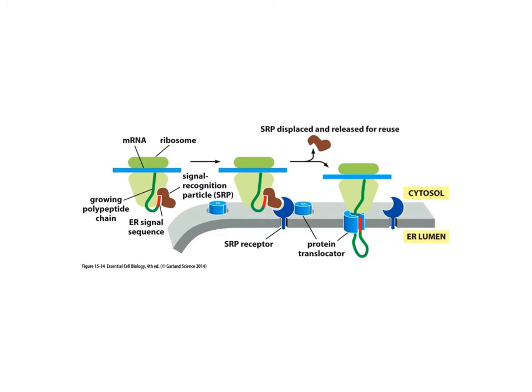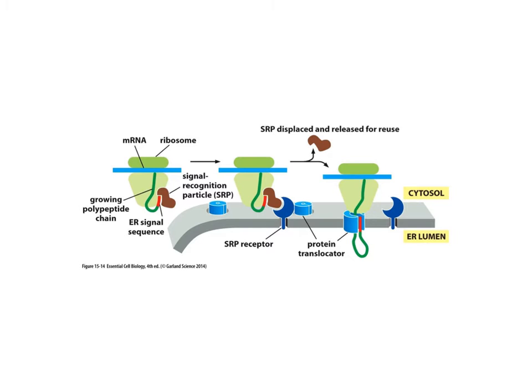As we'll see, it's going to be inserted into the membrane, and then the protein is going to be threaded across the membrane as it's being made. So the energy to get it into that organelle comes from the synthesis. As it gets longer and longer, it pushes across.